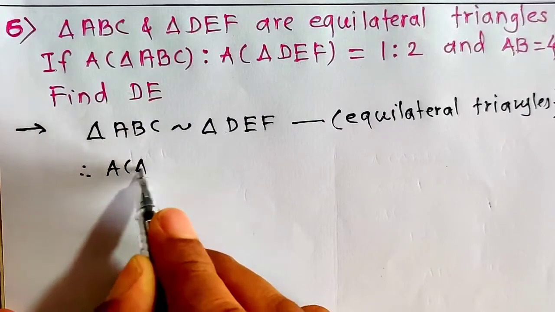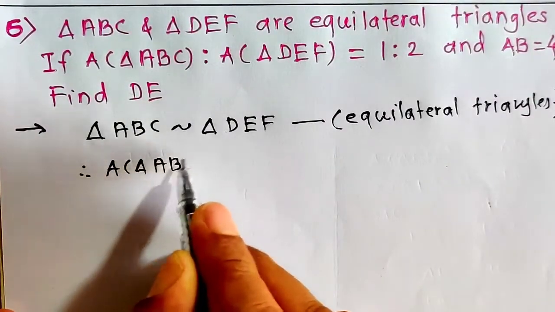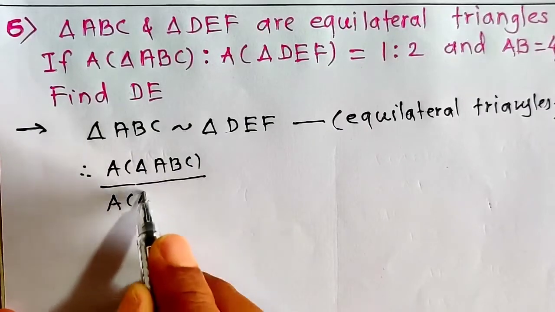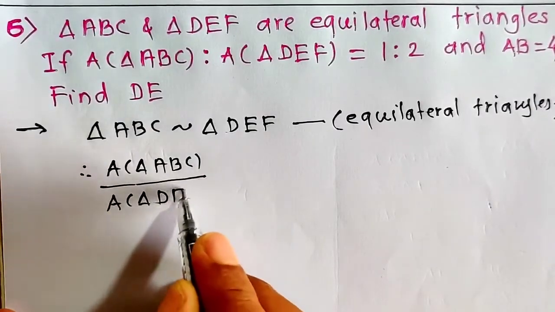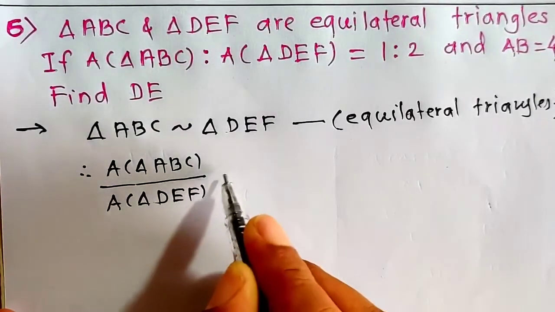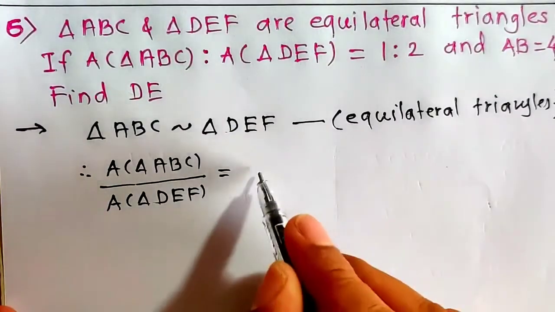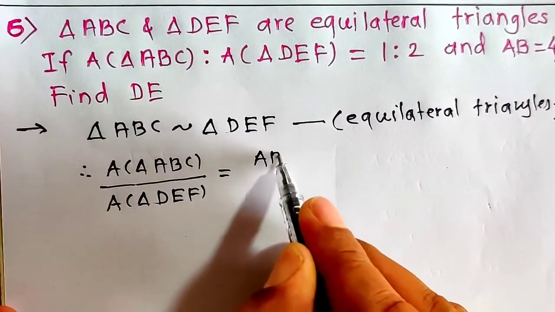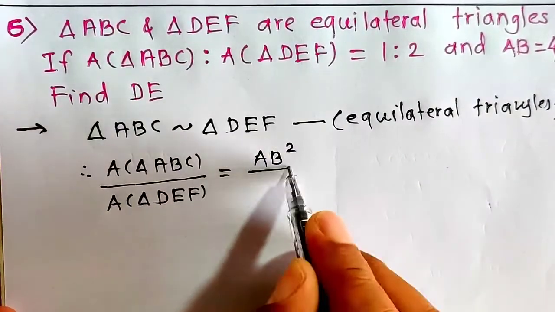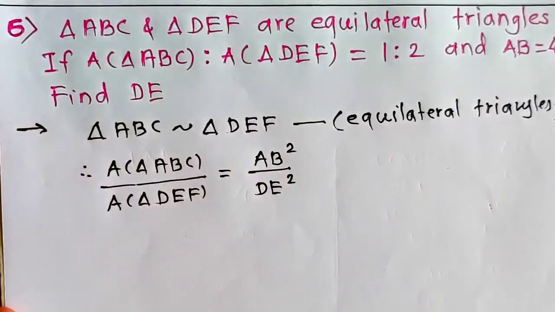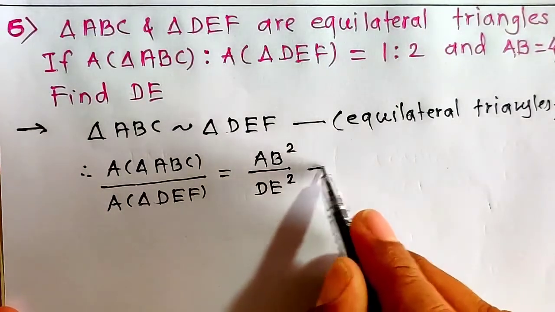Area of triangle ABC divided by area of triangle DEF, meaning the ratio of their areas, is equal to the ratio of the squares of their corresponding sides. So AB and DE are the corresponding sides. AB square by DE square.